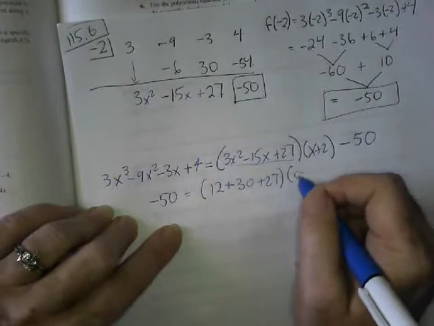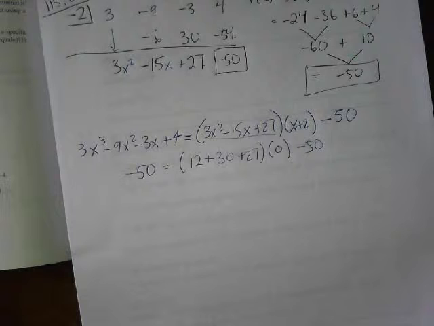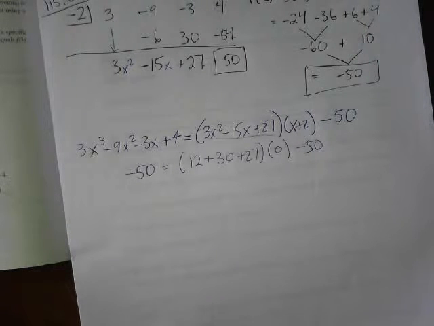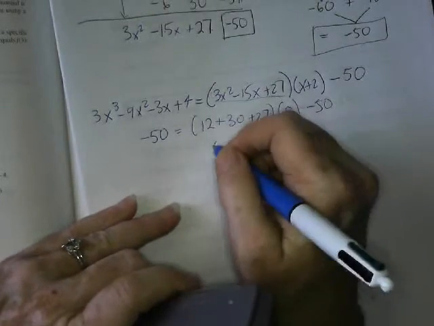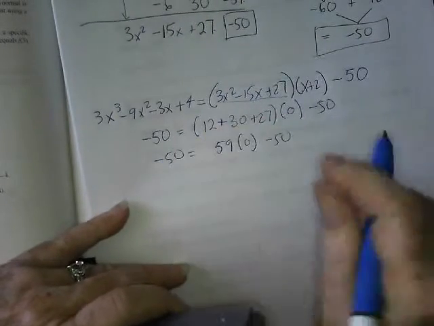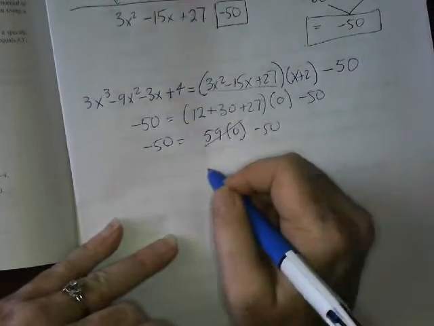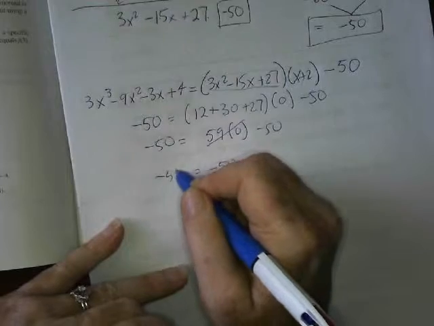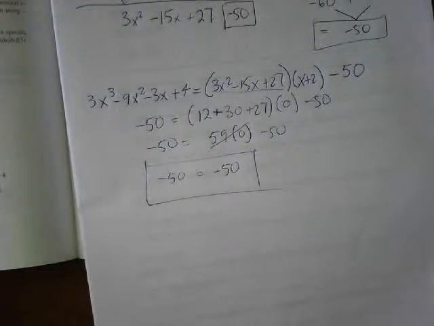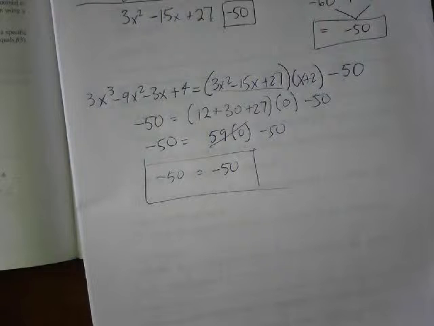That would be 32 plus 27, well, that would be 59. So that's 59 times 0 minus 50. They want you to follow this procedure. Well, 59 times 0 is 0. So then I just have negative 50 is equal to negative 50. And they'll probably have you do that a few times. They show that on the opposite page, on page 636 in an example. But anyway, that's your lesson 115 lecture video.